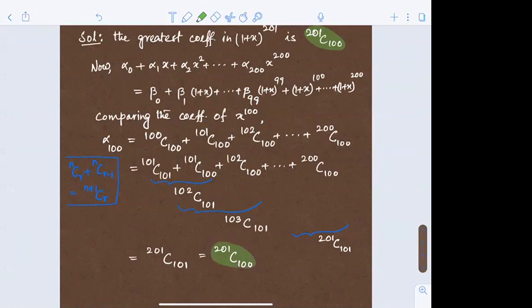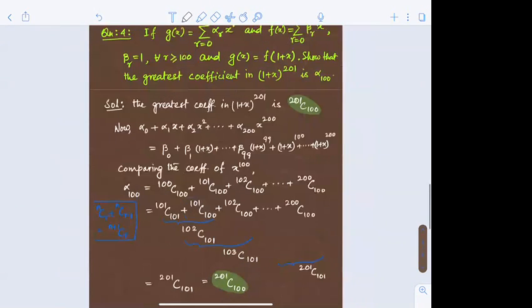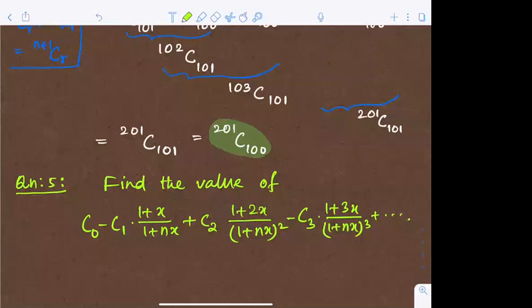The value of alpha 100 is nothing but 200C100. Therefore it is proved. Therefore the greatest coefficient is 200C100, which is nothing but alpha 100. Okay, so this is the solution. I hope it is clear to everyone. If it is not clear, ask me.